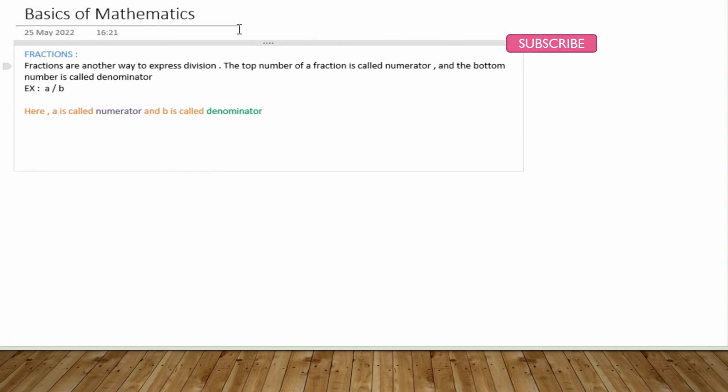Next, I'm going to start adding and subtracting fractions. In this, first of all I'm going to give the definition.